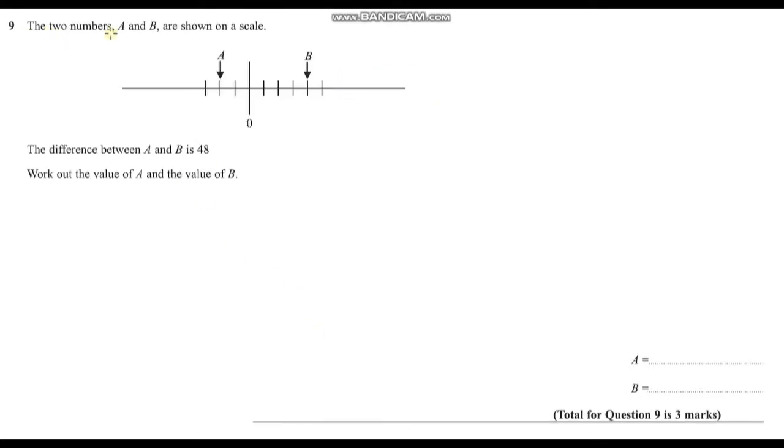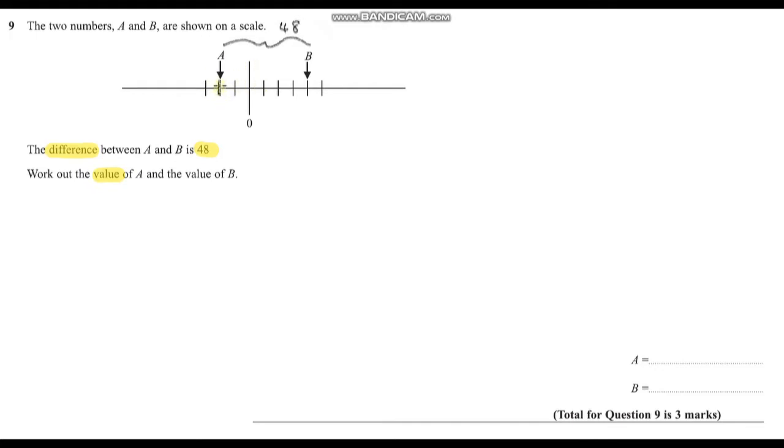Question 9. The two numbers a and b are shown on the scale. The difference between a and b is 48. Work out the value of a and the value of b. So we know that the difference between these two numbers is 48. We are also told we've got these lines in between them.